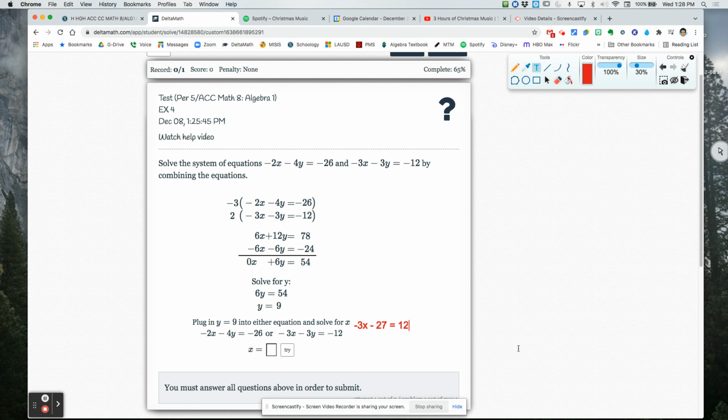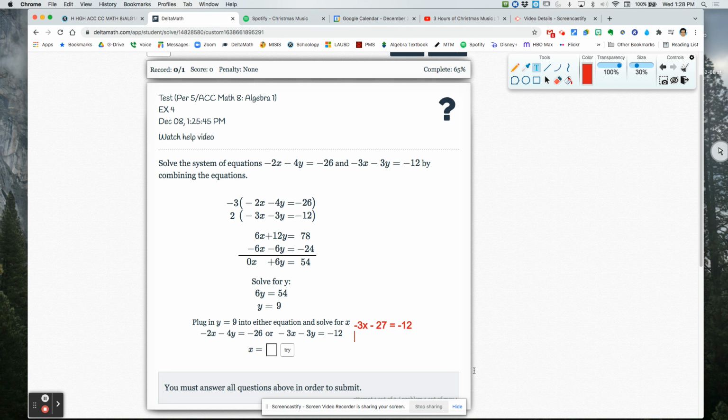Okay, so this is what we got now. And we want to get rid of this minus 27 by adding 27 on both sides. So we get negative 3x. And, well, we have, oh, that's negative, ooh, I messed up, didn't I? This minus 12.